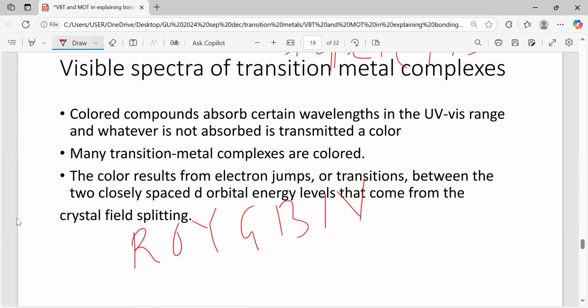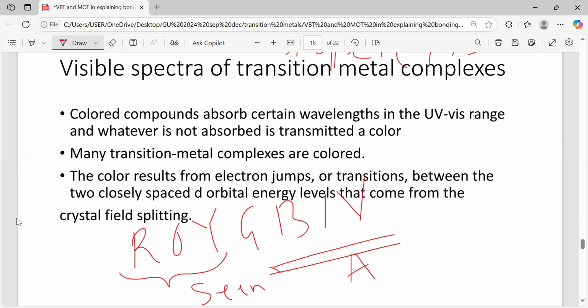So if something absorbs high wavelength, the color will be this one. So this is absorbed and this is seen by your naked eyes. So what is absorbed is not seen by your naked eyes. What is not absorbed is what your naked eyes will see.